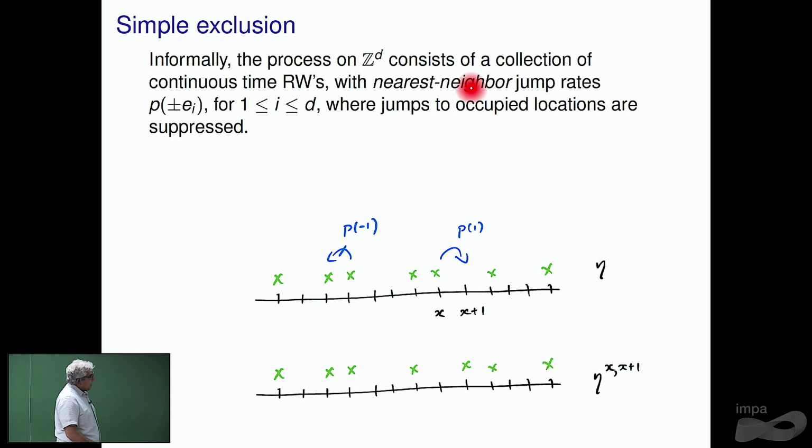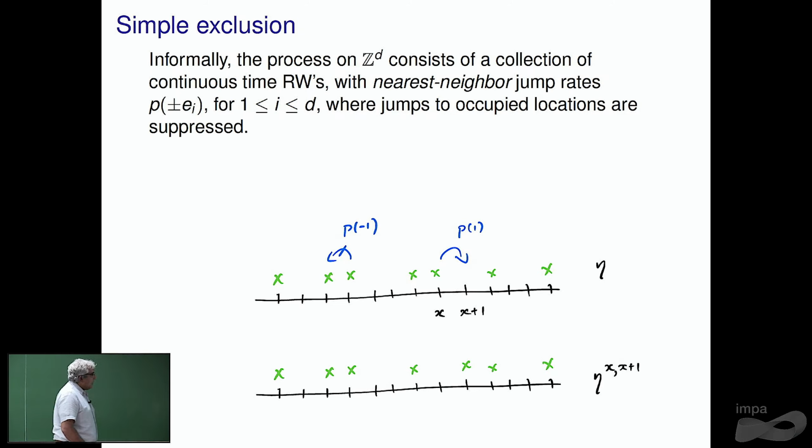Let's focus on nearest neighbor. So it tries to jump right or left with probability, let's say, p and q. And if the place where it wants to jump to is already occupied, then it's very polite, it doesn't jump. Then the clocks restart. So that's the informal statement of the process.